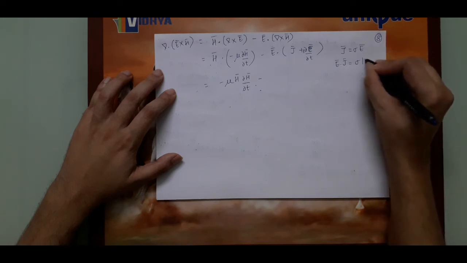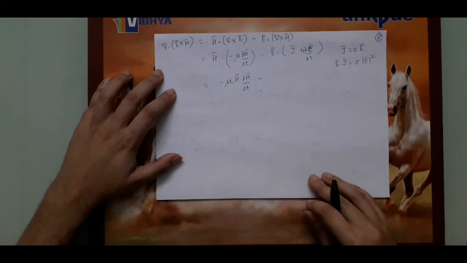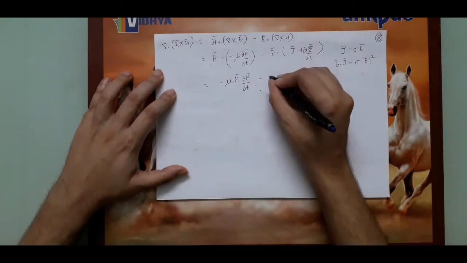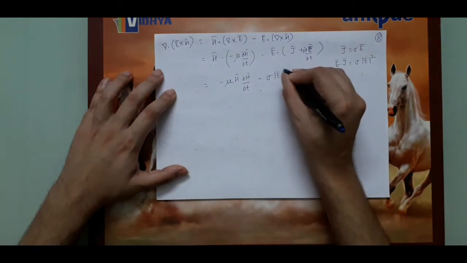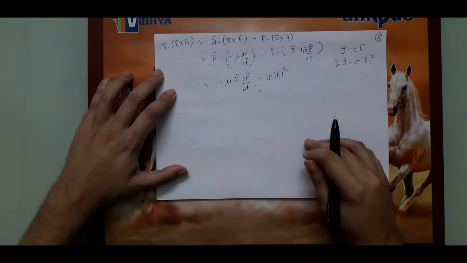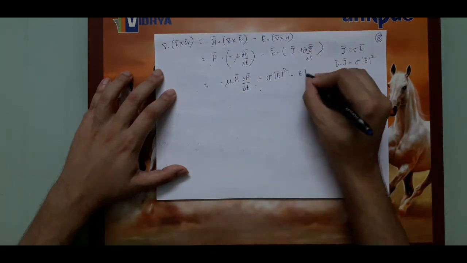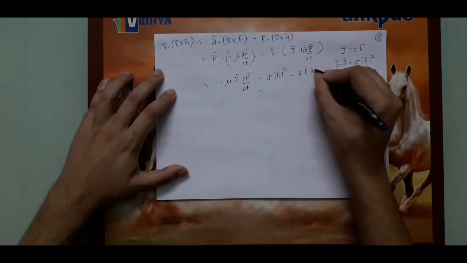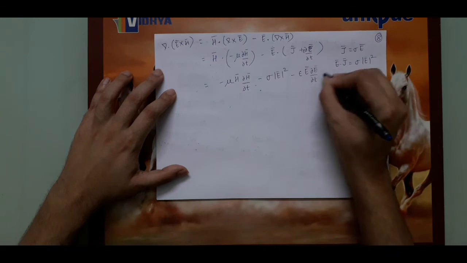It will be sigma times mod of E square. So this will become sigma times mod of E square minus epsilon E del E by del T.